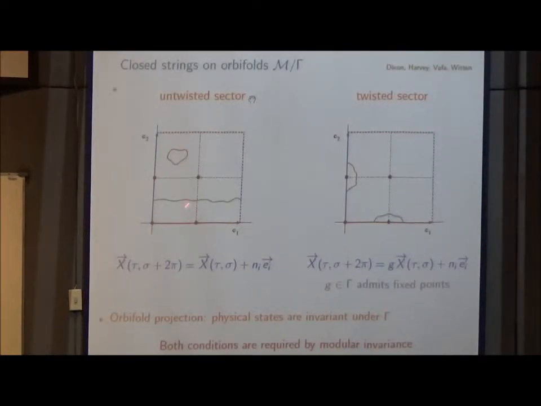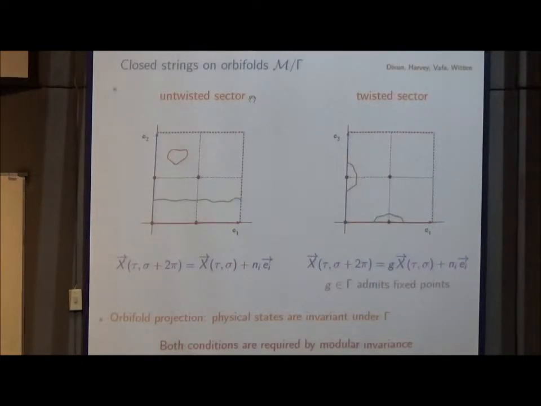So what they found is that you can consider this propagation, but you have to do two things. One, you have to consider the so-called untwisted sector and the so-called twisted sector. What is the untwisted sector? Well, these are strings, like I've shown here, that close already on the torus.